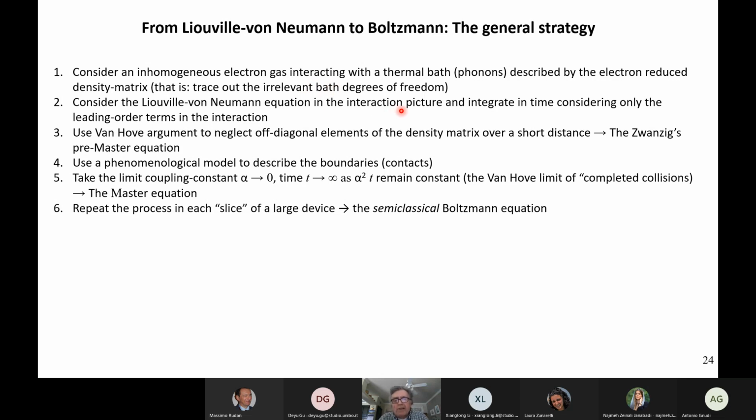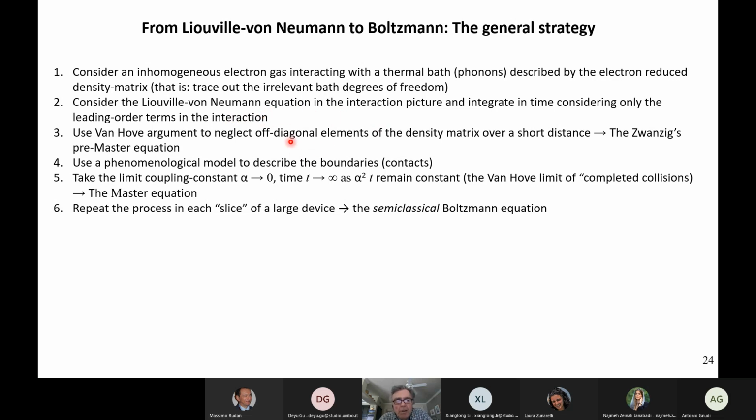I will have to step away from that in order to derive the Boltzmann equation, but for now, we'll consider eigenstates of the system, including the potential. We will integrate in time the Liouville von Neumann equation by iterations, and we'll consider only the leading terms, which will be a second order term in the strength of the electron phonon interaction.